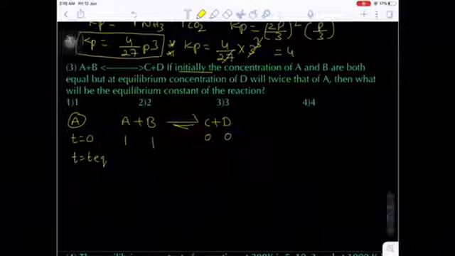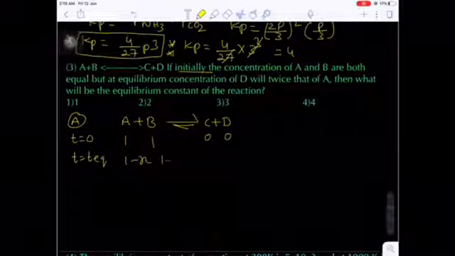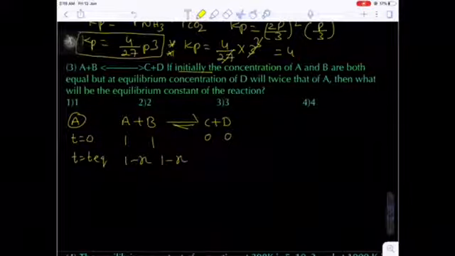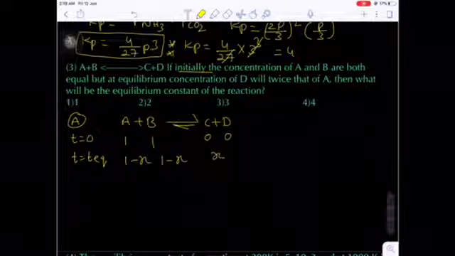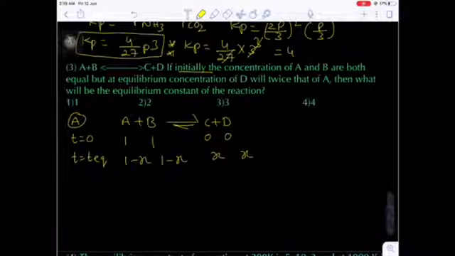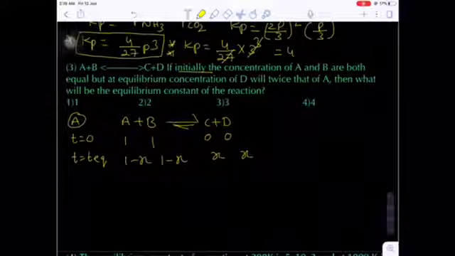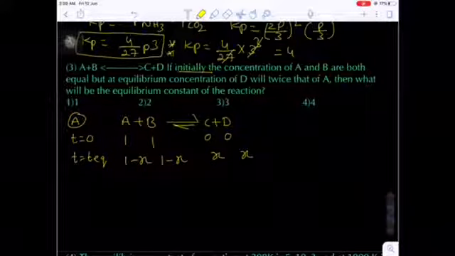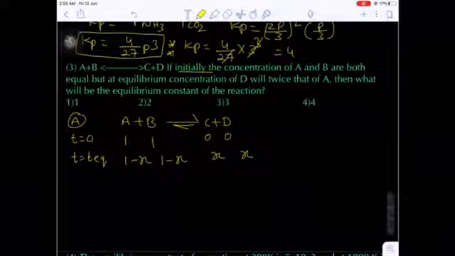When the system attains equilibrium, let's suppose X moles of A decompose and X moles of B decompose, so that X moles of C and X moles of D will be formed, because the stoichiometry is 1:1:1:1. Now, how to find the X value here?